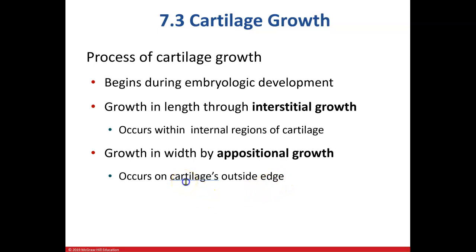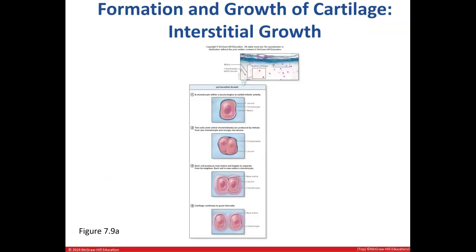The net effect is that interstitial growth is going to cause the cartilage to grow in length, whereas appositional growth is going to cause more growth in width. So taking a look here, let me make this big.